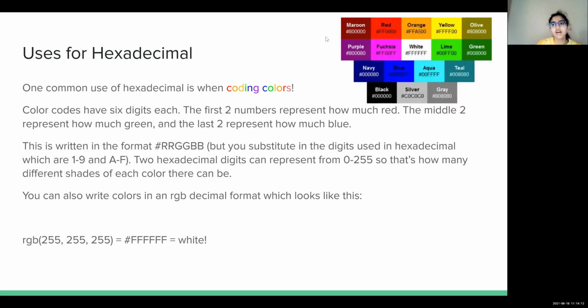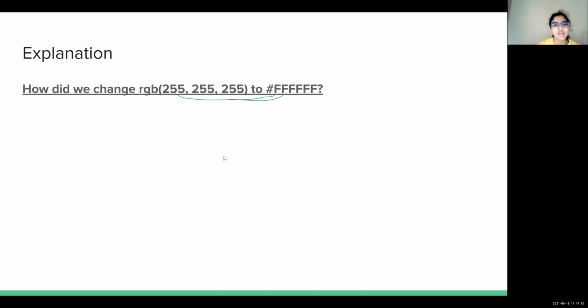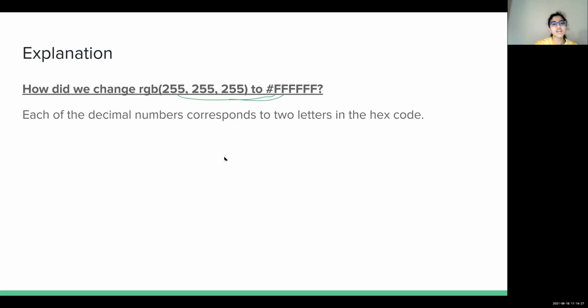Over here is just a diagram with the colors. So how did we change 255, 255, 255 to FF, FF, FF? Each of the decimals corresponds with 2 letters in the hexadecimal code. So why does 255 equal FF?